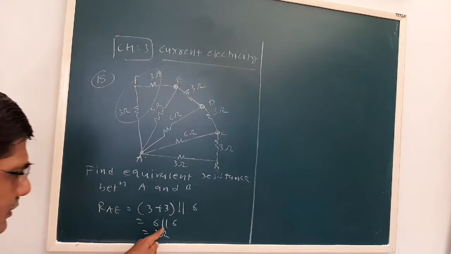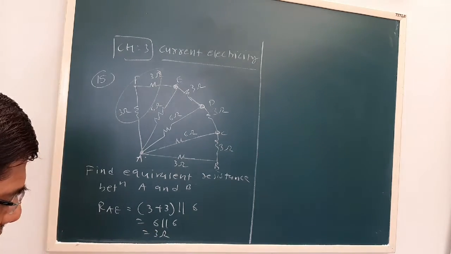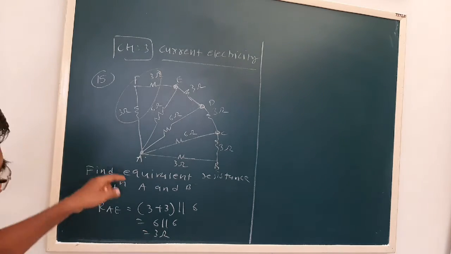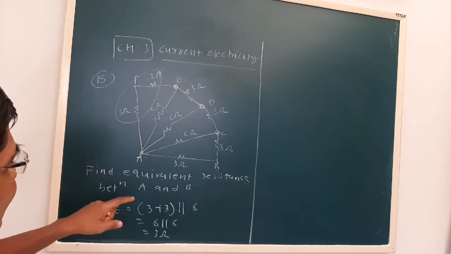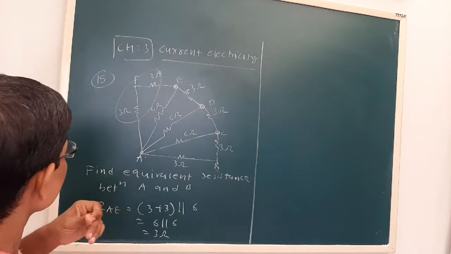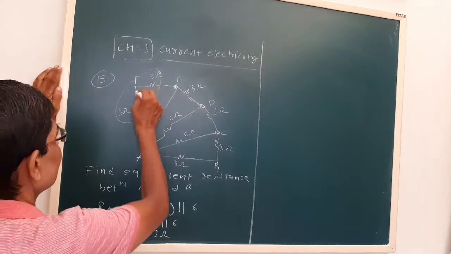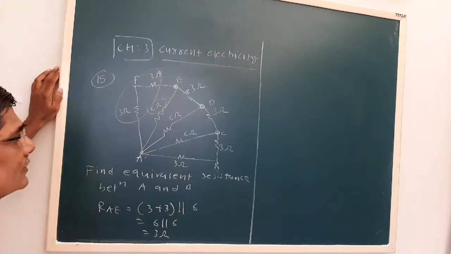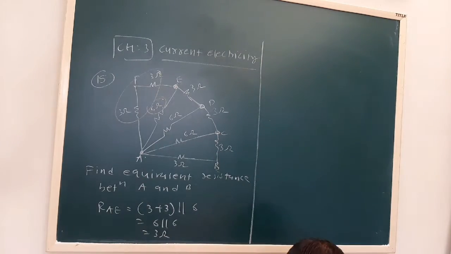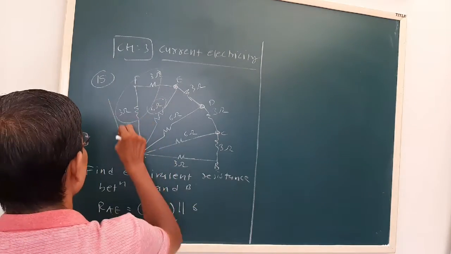When resistances of equal value are in parallel, it will be R by N, here N will be equal to 2. Now what we get is 3 ohm. This 6 ohm is in parallel with 6 ohm, that will give 3 ohm. Now this part is solved.